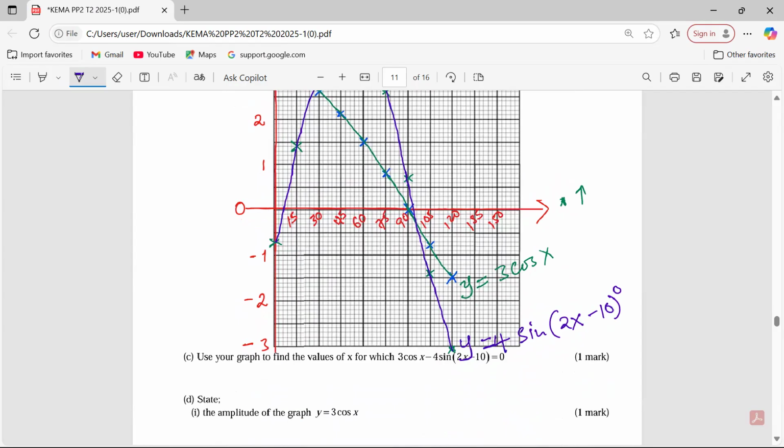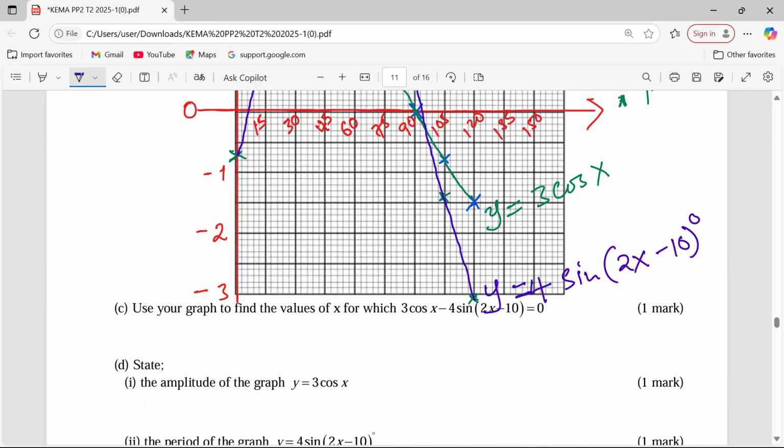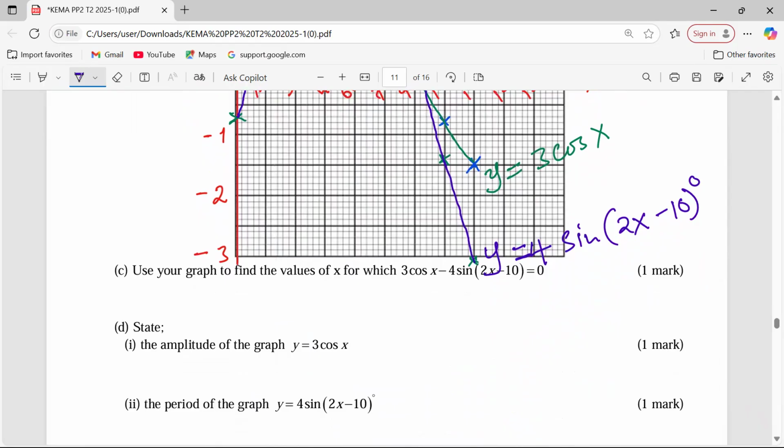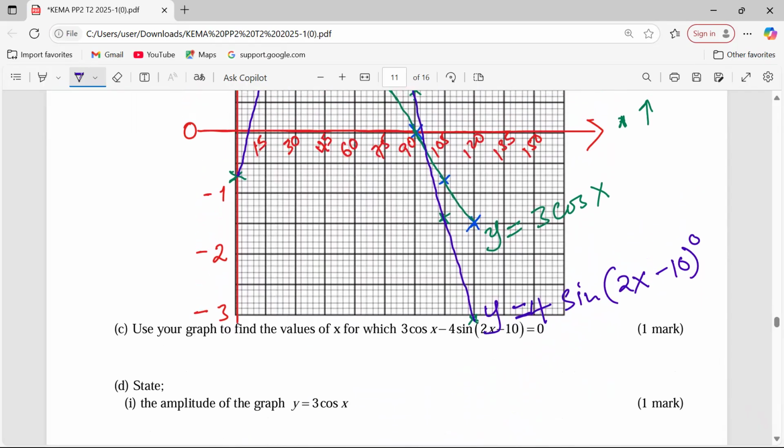Let's check the questions now after that. Use your graph to find the values of x for which 3 cosine of x minus 4 sine of 2x minus 10 equals 0. This means 3 cosine of x, we can take the negative 4 to this side, so that we have 4 sine 2x minus 10.